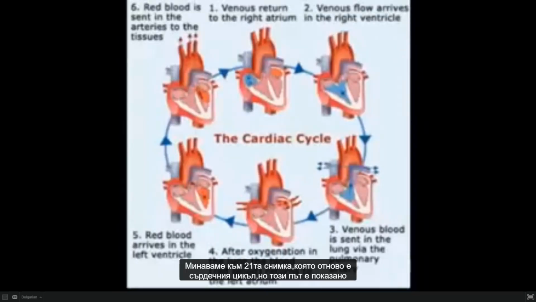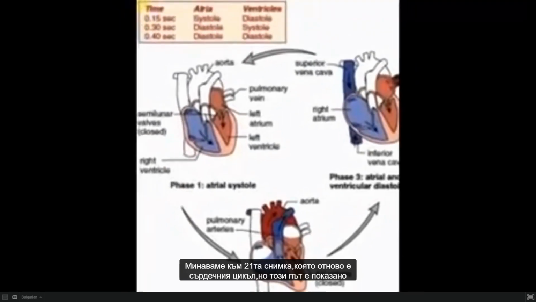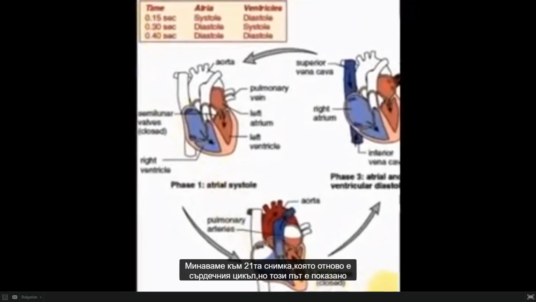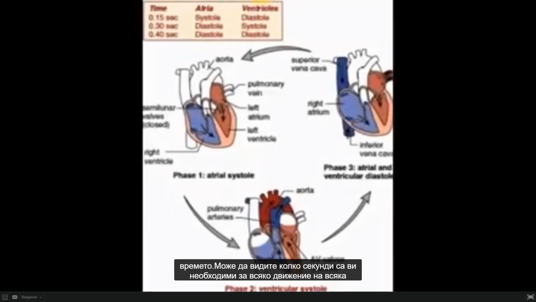And the 21st is again the cardiac cycle, but it gives you time. You see how many seconds you need for each movement of each chamber.